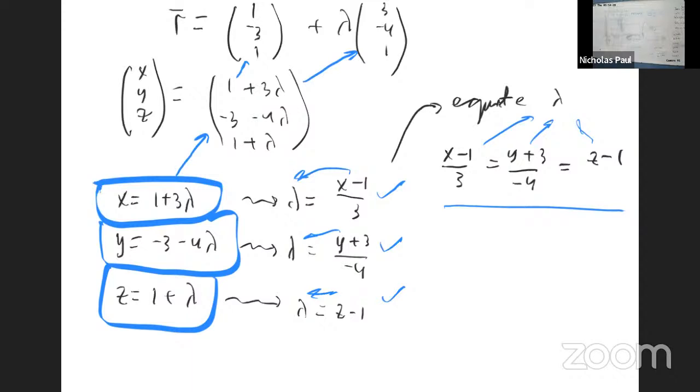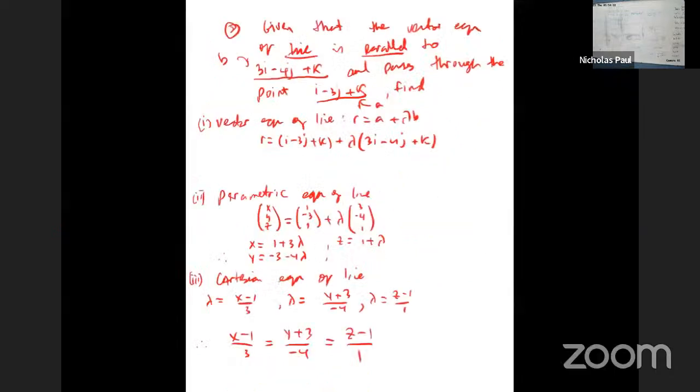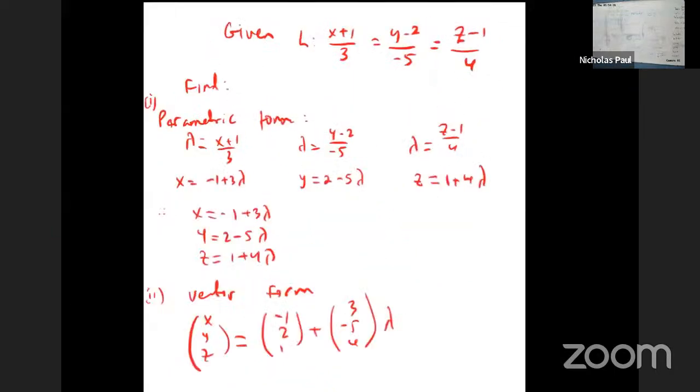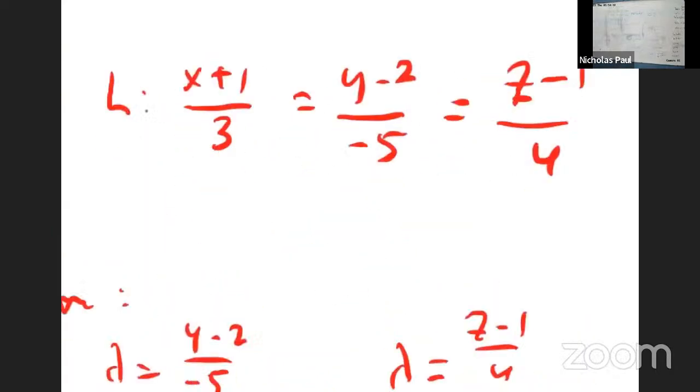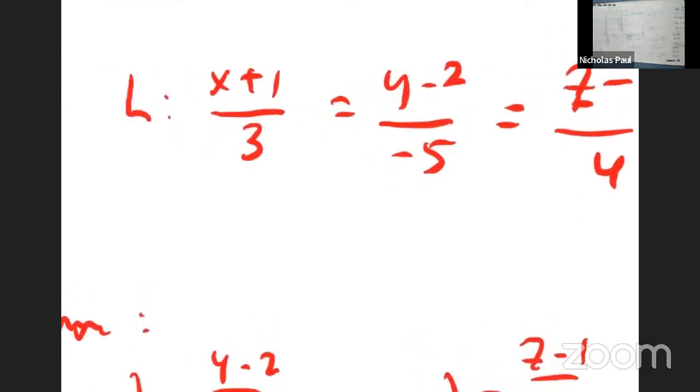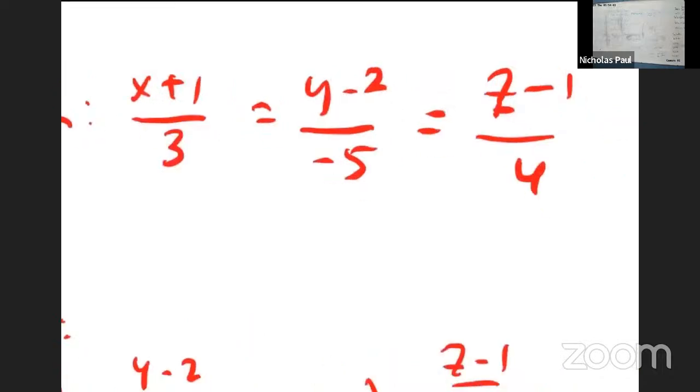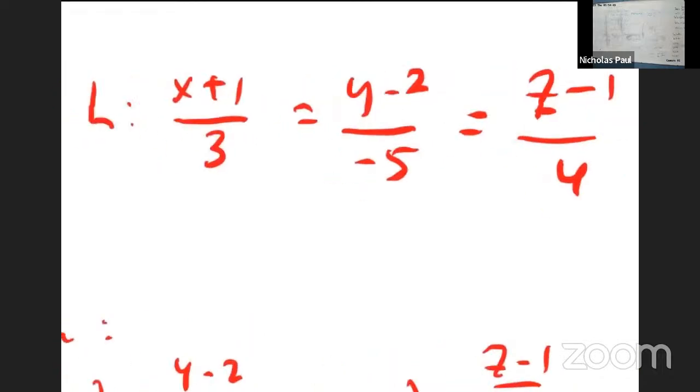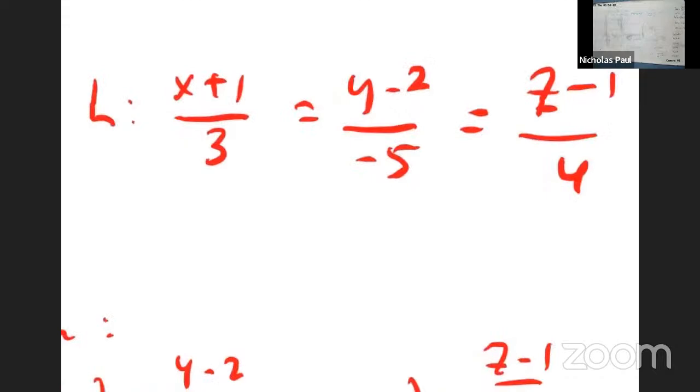Let's try one. Try this here. Go in reverse. That's the Cartesian equation of the line: (x plus 1) over 3, (y minus 2) over minus 5, and z over 4 minus 1.